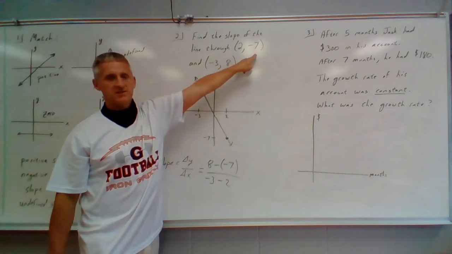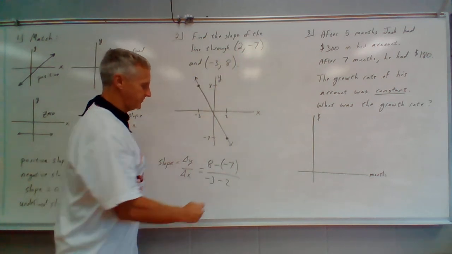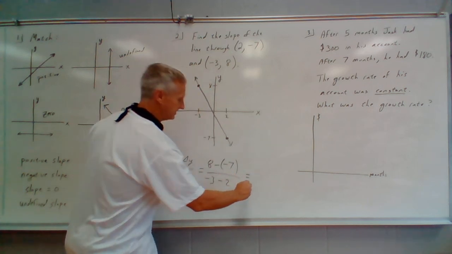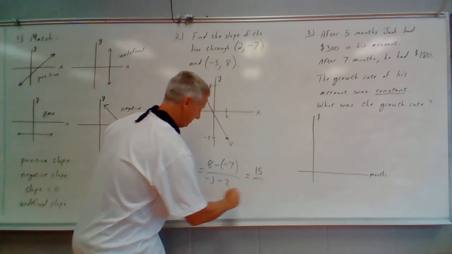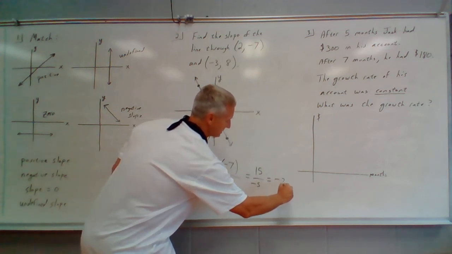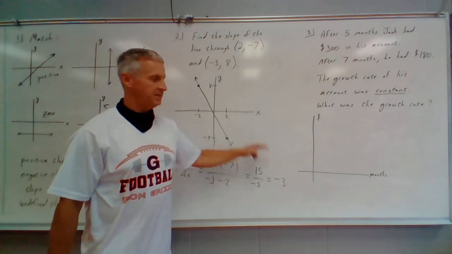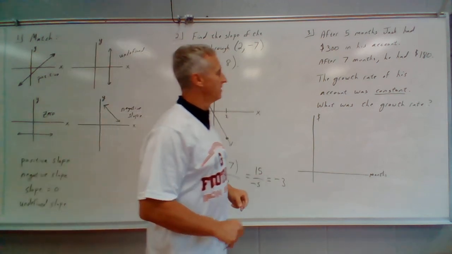So 8 minus negative 7 over negative 3 minus 2. 8 minus negative 7 is 15. Negative 3 minus 2 is negative 5. So my slope would be negative 3. Okay, it's negative and it's negative.